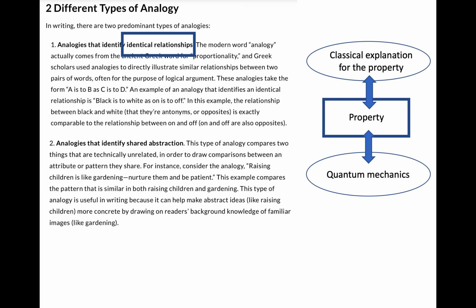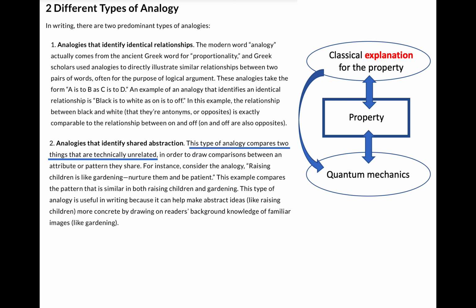That same property could be measured if we're thinking about it in terms of quantum mechanics. What's identical is the property itself. Whether we think about it classically or in terms of quantum mechanics, the property can be thought of as identical in both respects.